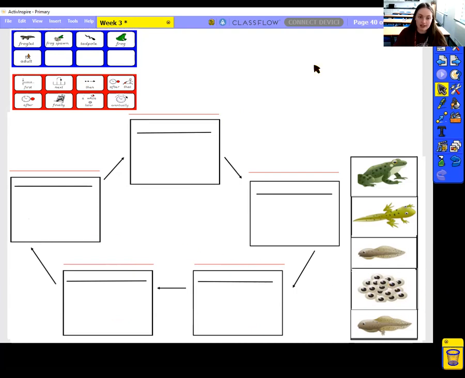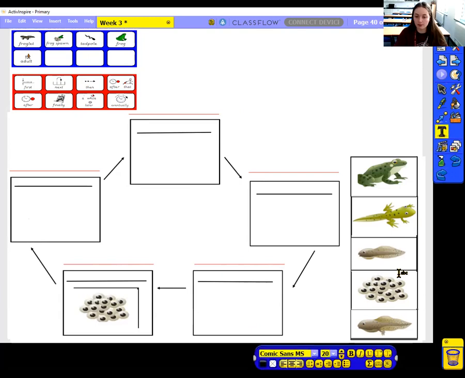And then you need to write on the red line the time adverbial. So let's say we're starting with frog spawn, and I'm going to put it in this one because it doesn't matter which one I'm putting it in. I know that frog spawn is the first stage of the life cycle, so I'm going to write first. And then I'm going to also write what this thing is. What is that picture of?